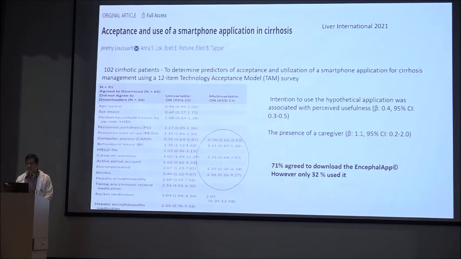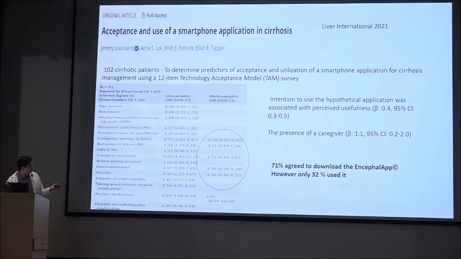However, a study done in 2021, with US cohorts, looked at the acceptance and use of a smartphone application in cirrhosis. They took 102 patients and looked at predictors of acceptance and utilization. What they found was that you either needed the presence of a caregiver, and there should have been controlled ascites, for people to actually use this application.